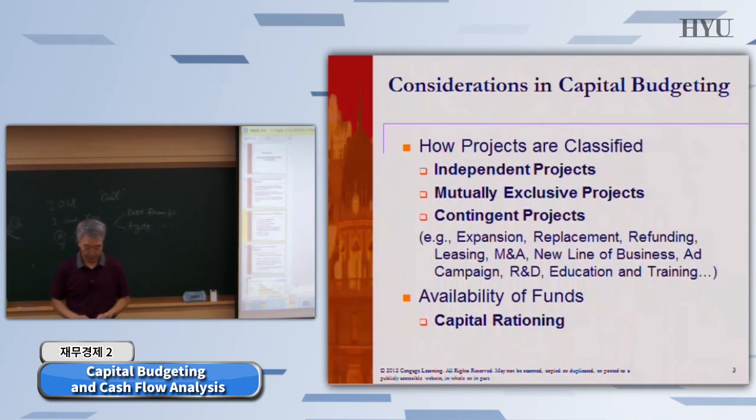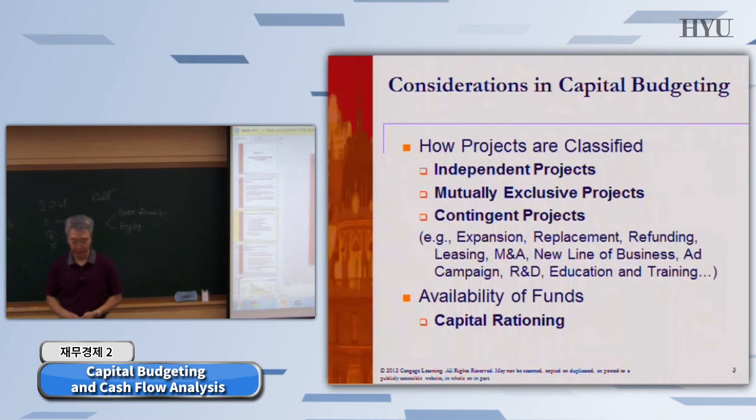Leasing, merger and acquisition. Merger and acquisition. The companies constantly look for acquisition targets, right? Because in fact, that's the most frequently observed way to grow. When you own a business, you constantly think about making your business grow, right?